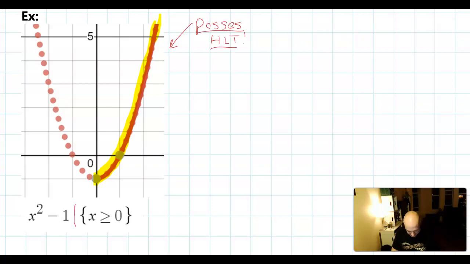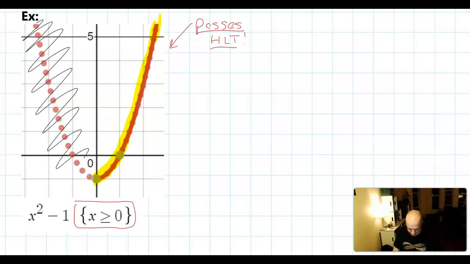So I'm going to add a little domain restriction to my function to say for x greater than or equal to 0, I'll define f of x to be this way. And basically I'm crossing out the other half of my function. I'm only looking at the right half of this parabola.